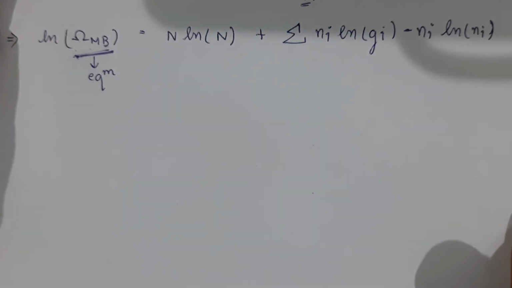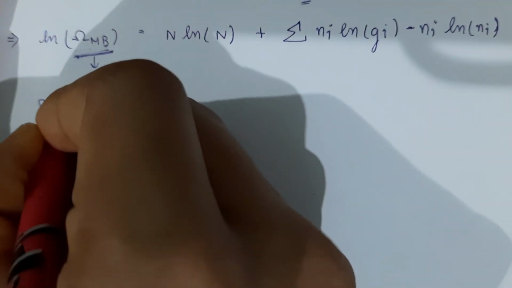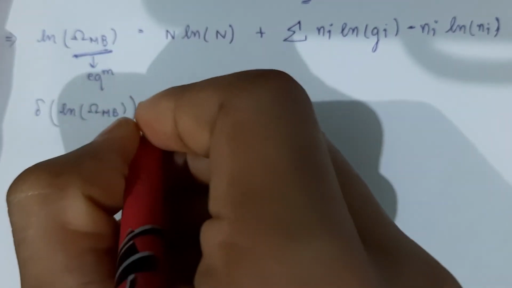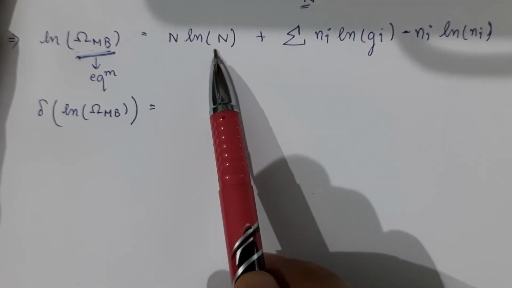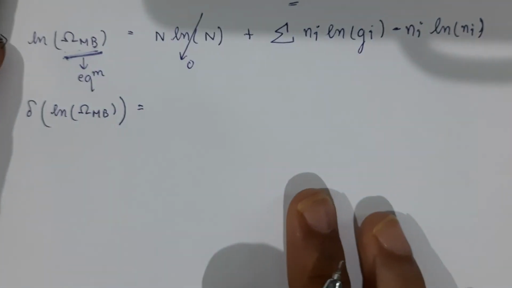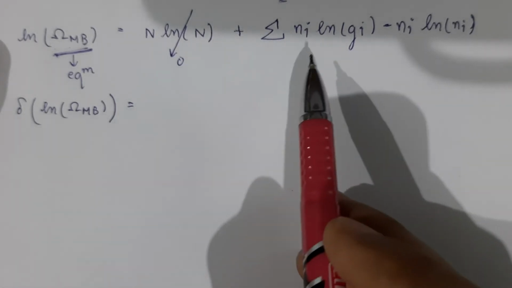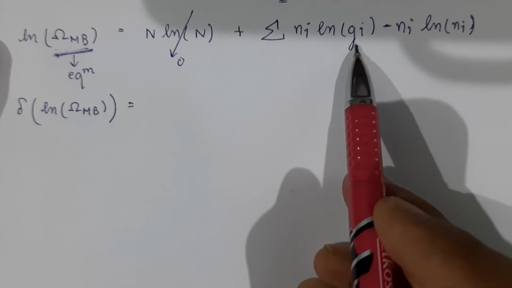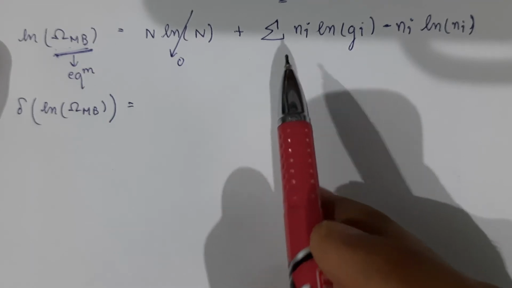Now if we differentiate our equation, it will be delta of ln of the representative factor equals, and the term n times ln n is a constant, so its differentiation is 0. I am not writing it here. Now comes the summation factor. Only ni is varying, whereas gi is a constant, so in differentiation it will not play a role; we differentiate only with respect to ni.